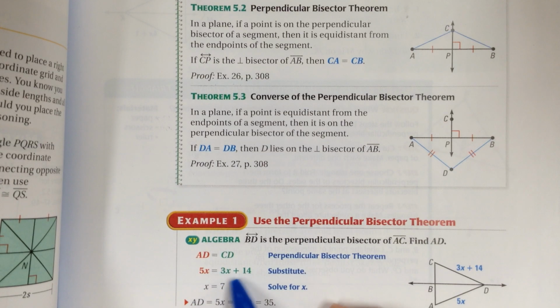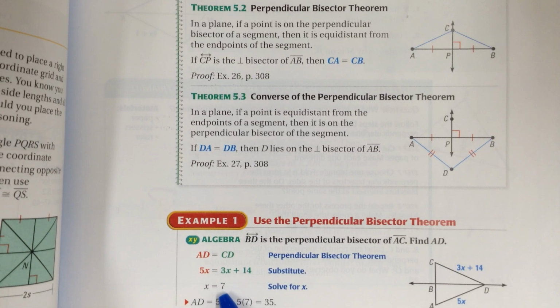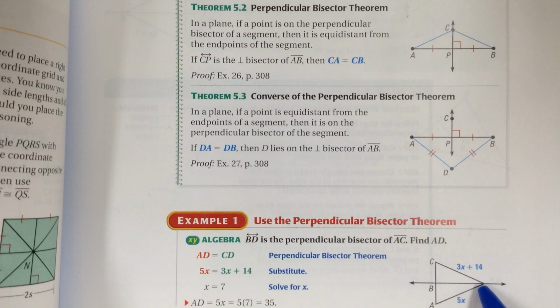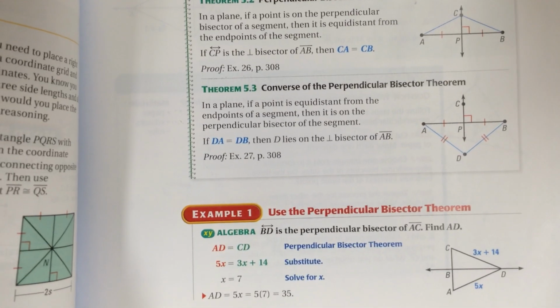So you get 2x equal to 14, and then you divide by 2, you get x equal to 7. Once you find x equal to 7, you substitute into here. 5 times 7 gives you 35. So AD is equal to 35, and CD is also 35. So you can use the perpendicular bisector theorem, set the expressions equal to each other, and use your algebra to solve.